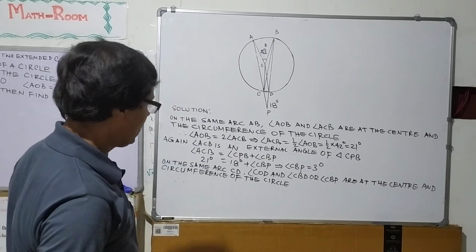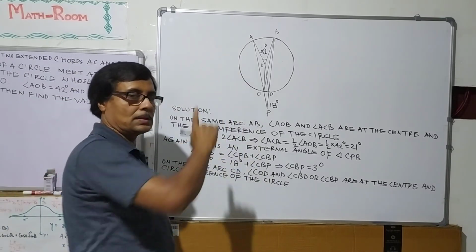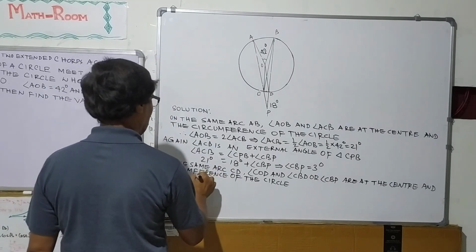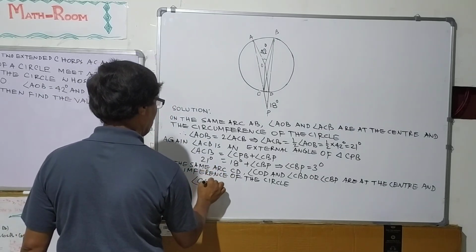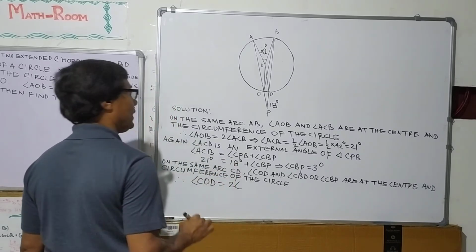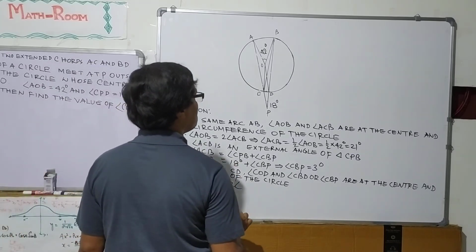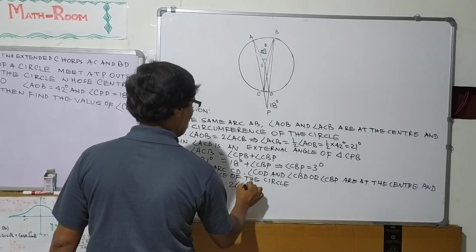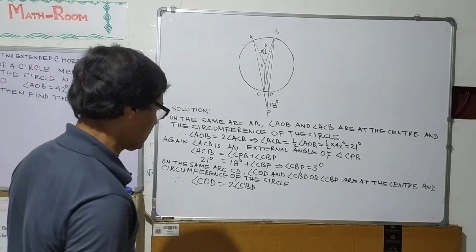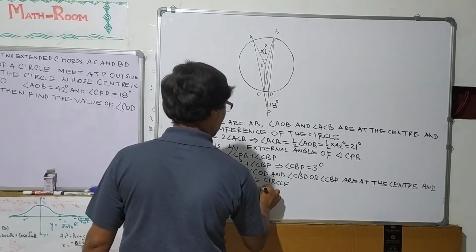So, we can write that the angle at the center is equal to twice the angle at the circumference. So, angle COD is equal to twice the angle CBD, which is at the circumference of the circle.